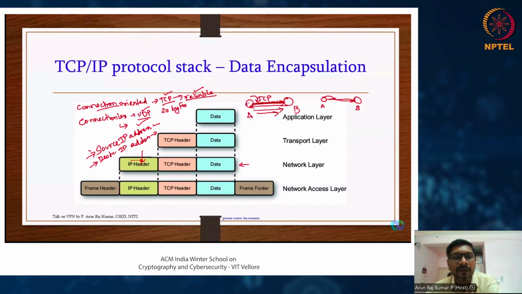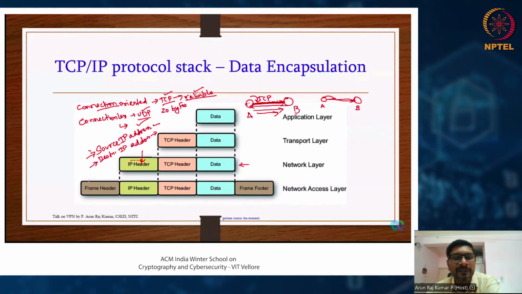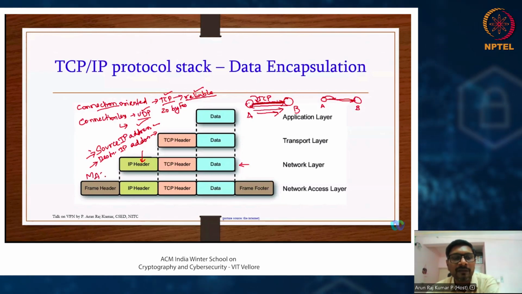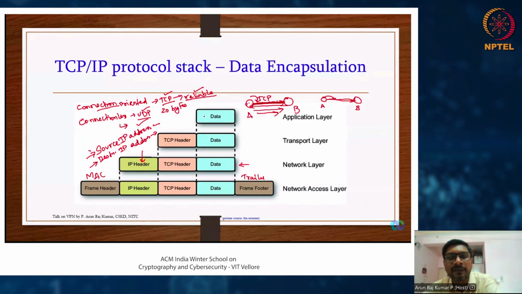Then we have a frame header, IP header, TCP header, data, and frame footer. This is something called a trailer. So basically in the MAC layer, the medium access control layer, whether it is a wired or wireless network, you'll have a MAC header. So you could see here, this is encapsulating the data.